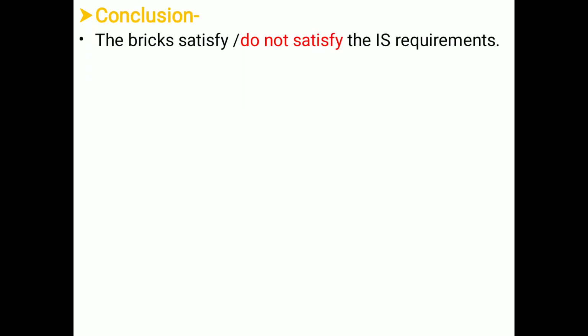So the conclusion is that it does not satisfy the IS requirement, as the average compressive strength of the brick is less than 3.5 MPa. So this is all about the compressive strength of the brick. We will stop here. Thank you.